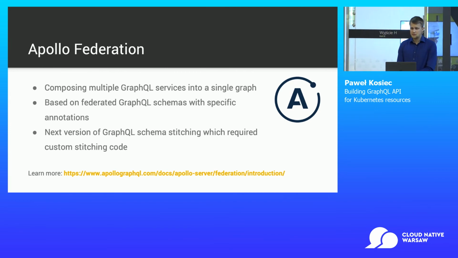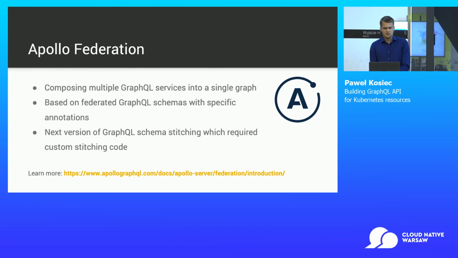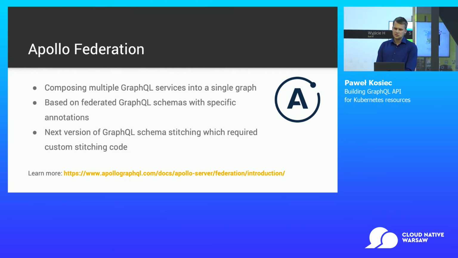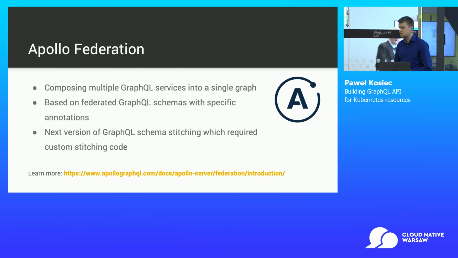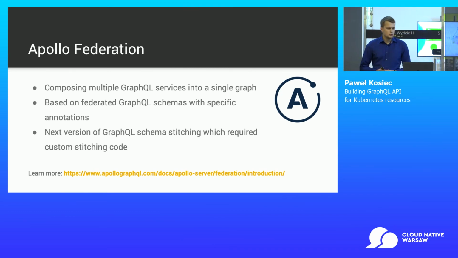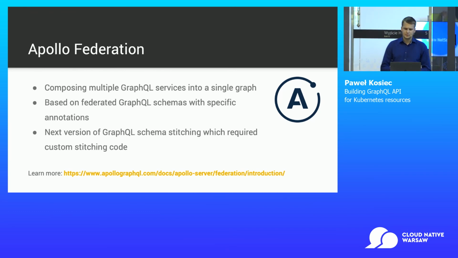There is Apollo Federation, which implements the concept. But the problem is that it is based on custom annotations on the GraphQL schema, which is not really nice. It's also worth mentioning that this is an evolution of the schema stitching from Apollo.